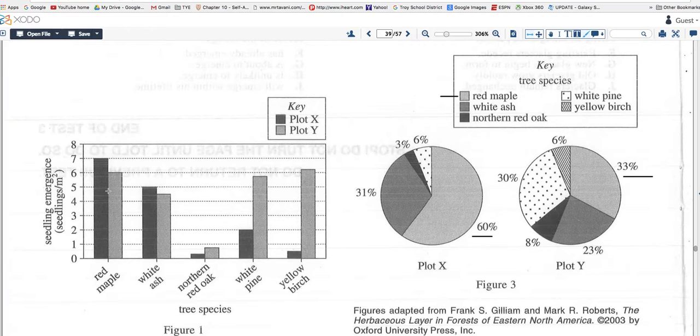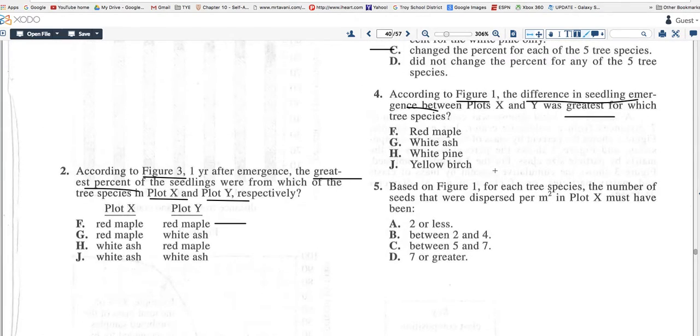Which one is it, Sid? Well, let me check. Plot X and Y. It's yellow birch. Good. Notice how this is going from almost 6 to about 0.5. That's this one right here is my biggest difference. All right, so the answer should be J.